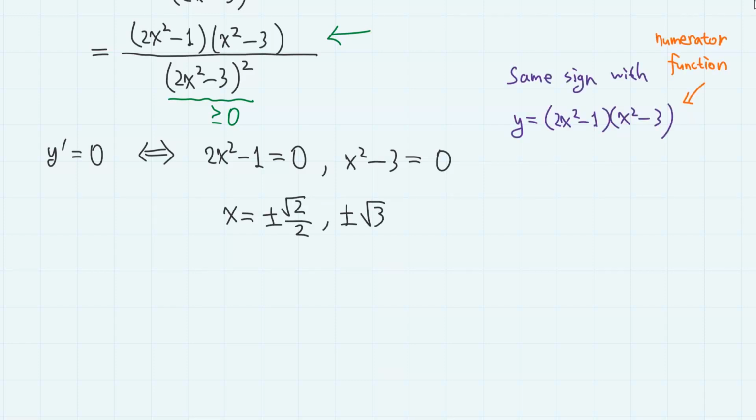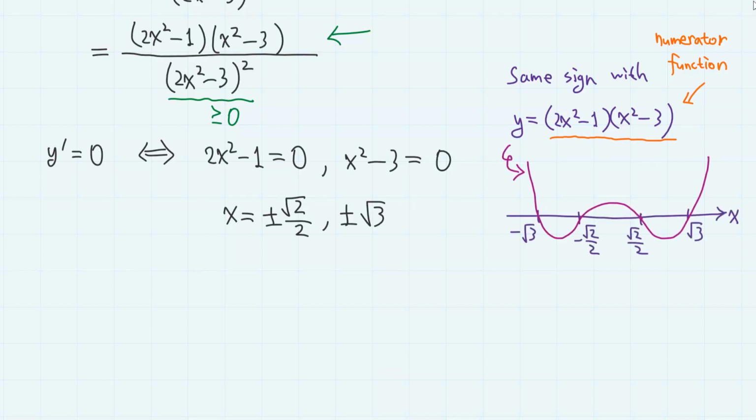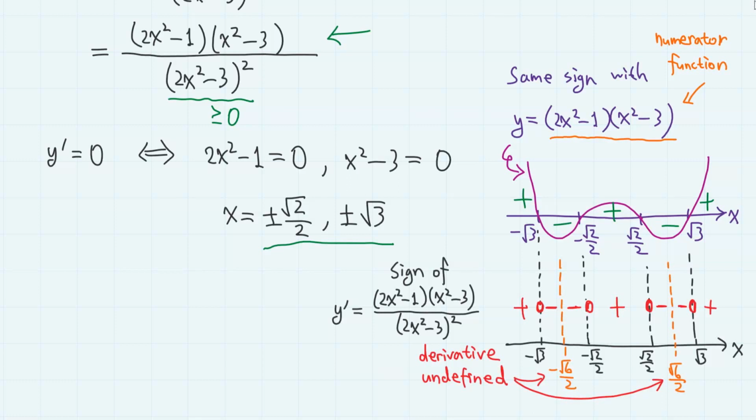Like I said, the sign of the derivative follows the sign of the quartic function (2x squared minus 1) times (x squared minus 3), which we can easily draw using these values. So the sign is positive, negative, and positive. For the derivative of the rational function given in the problem, the signs are the same, except the derivative is undefined when the denominator becomes 0, of course.